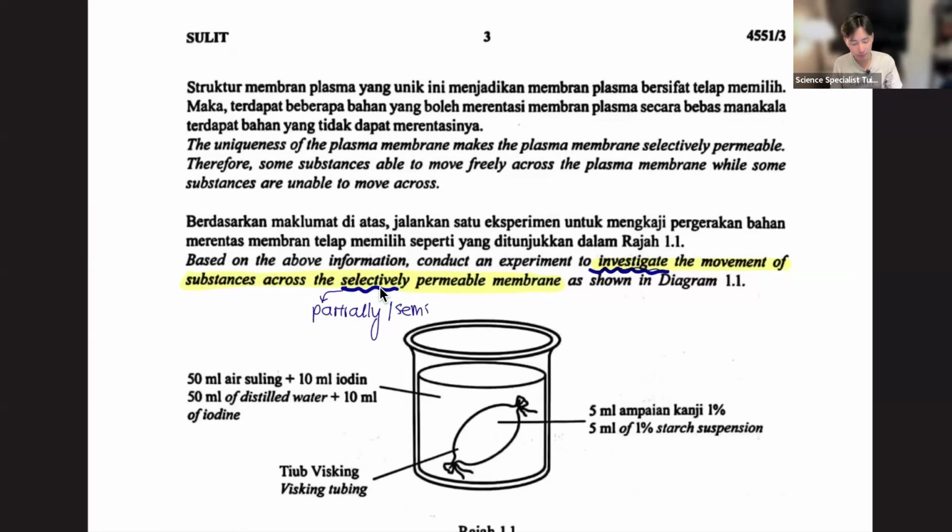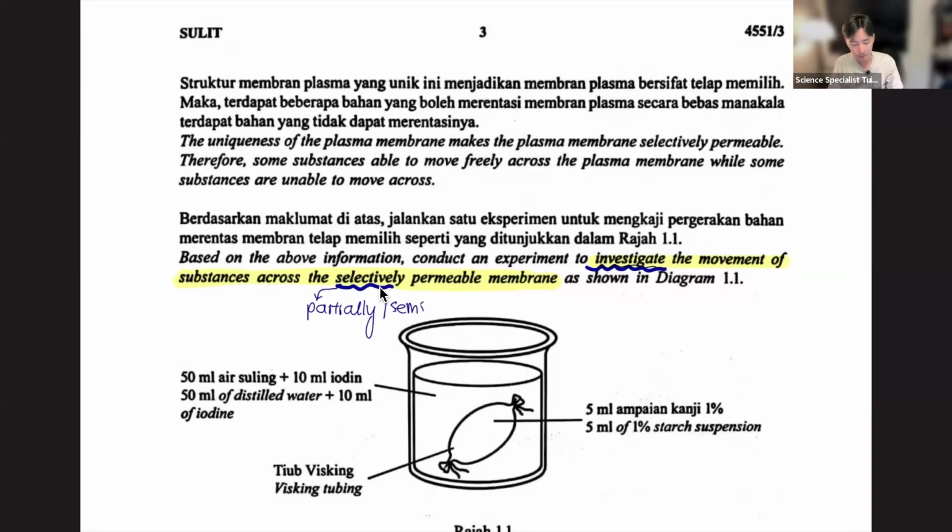So the movement across the selective permeable membrane, partially or semi-permeable, means some substances can pass through and some cannot. Usually, the small substances are able to pass through. Small substances means there is some molecular weight. They will give you some molecular weight, and this molecule can go through, and that molecule cannot go through. So this is what the experiment is about.